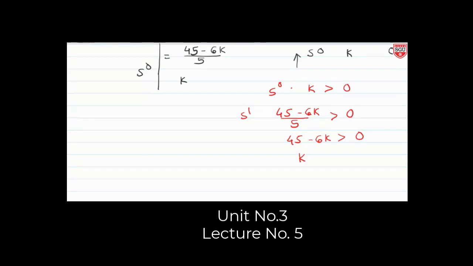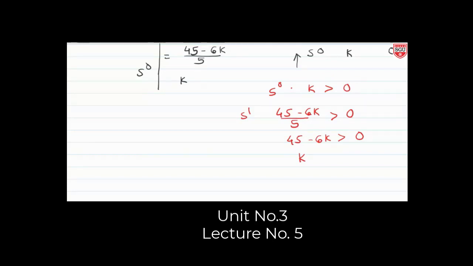Should K be greater than or less than 7.5? Less than. If we say greater than, then it could be 100, 1000, whatever it may be, so always use this technique. The first consideration is K should be greater than 0. Then the second limit will be something less than.